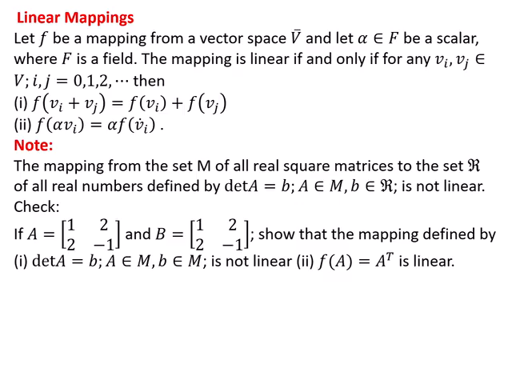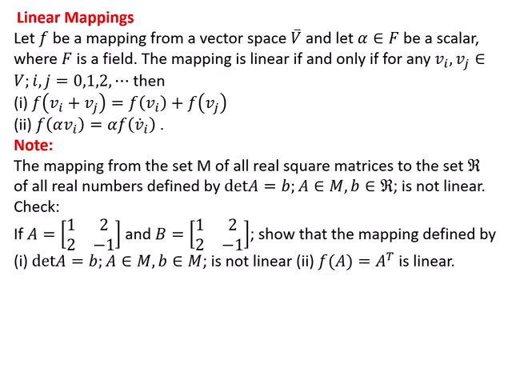And here we have been given our A to be a 2 by 2 matrix, which is A equals 1, 2, then 2, minus 1. And your B is equal to 1, 2, then 2, minus 1.